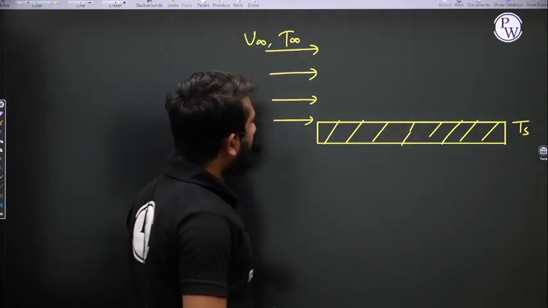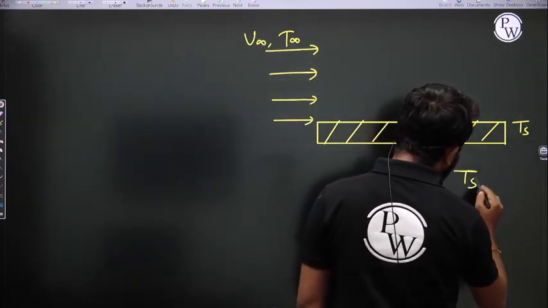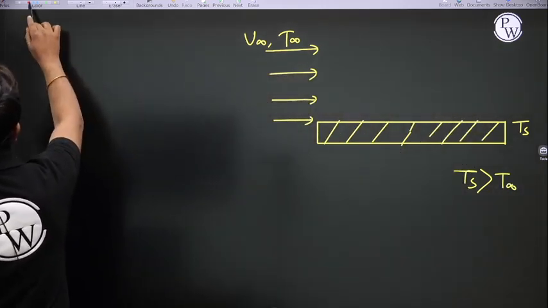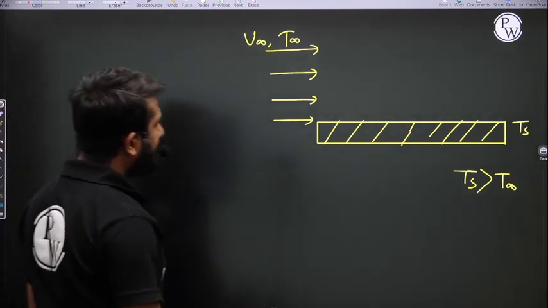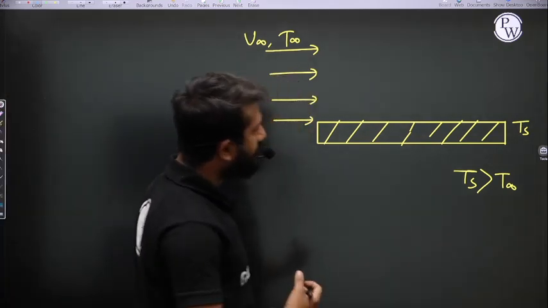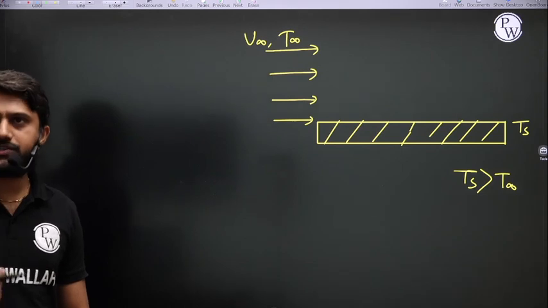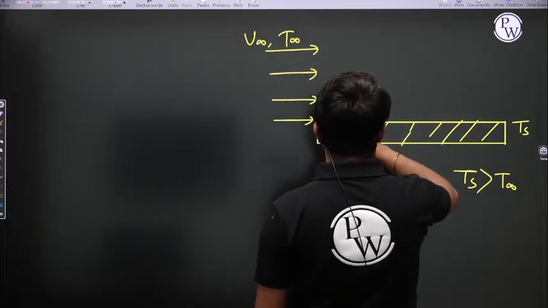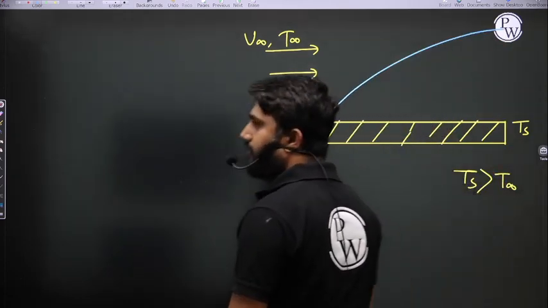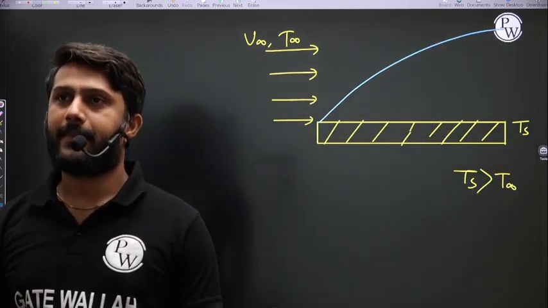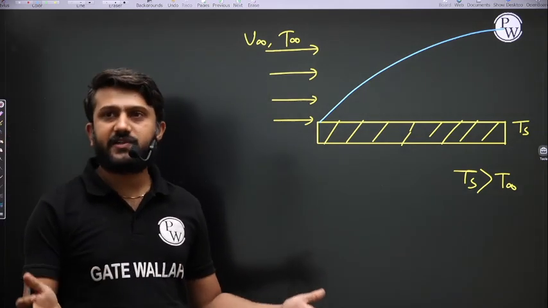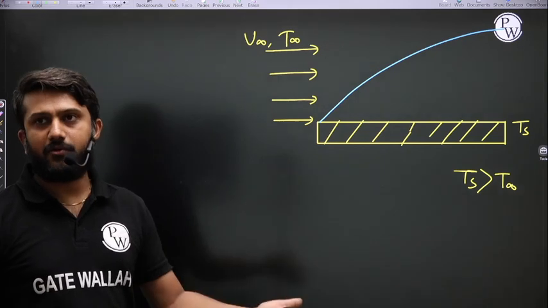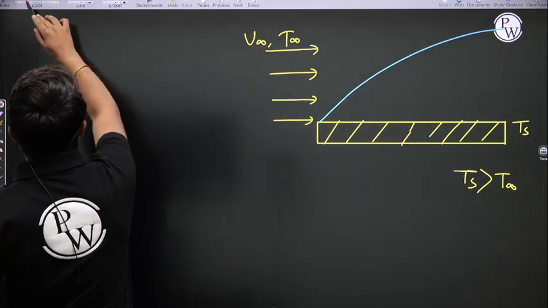I'm assuming that Ts is greater than T infinity. Because of the viscosity of this real fluid, a hydrodynamic boundary layer is formed. And since there is a temperature difference between the fluid and the plate, a thermal boundary layer is formed.